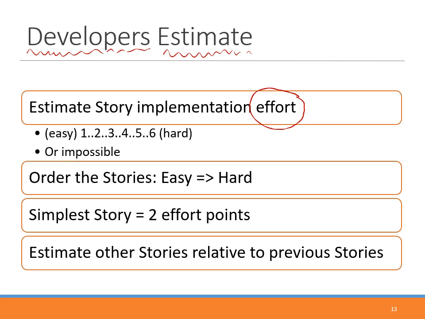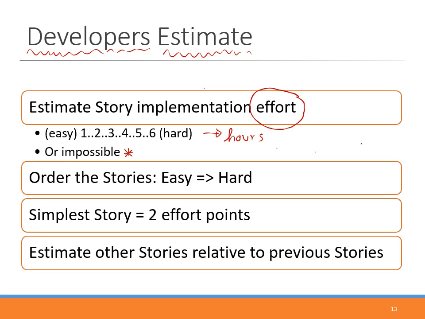And as I already mentioned, you can use any numeric scale like 1, 2, 3, 4, 5, or you can use any time scale like number of hours, number of days, something like that as well. Okay. And it can be from 1 to 6 in this example, from easiest to hardest, or you can also have something like impossible. This story is impossible to implement, something like that, okay?